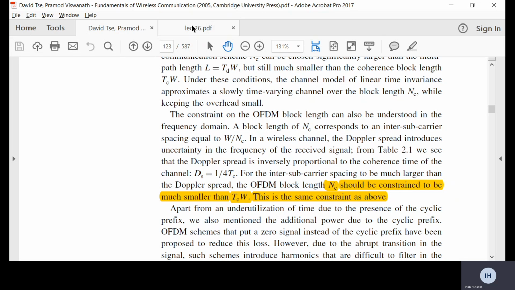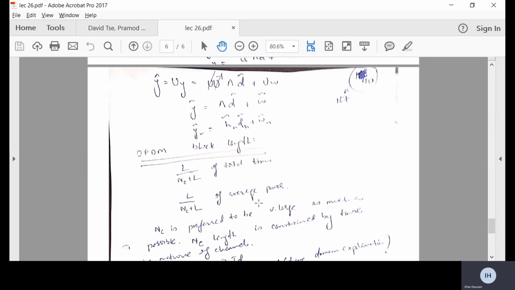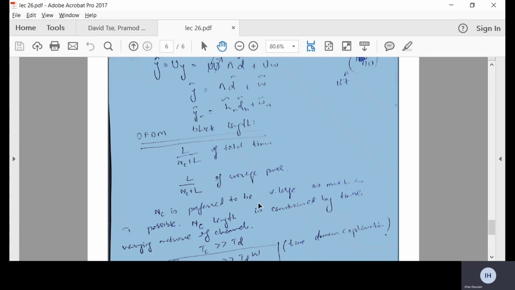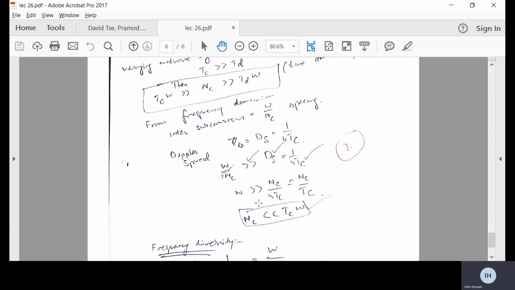I have also shown this in the notes here. Subcarriers are at W over NC spacing, where W is the total bandwidth and NC is the number of subcarriers. But at the same time, we know the Doppler spread is 1 over 4 TC, and we require this spacing to be much larger than the Doppler spread, so the spreading will not spill into the other carriers.